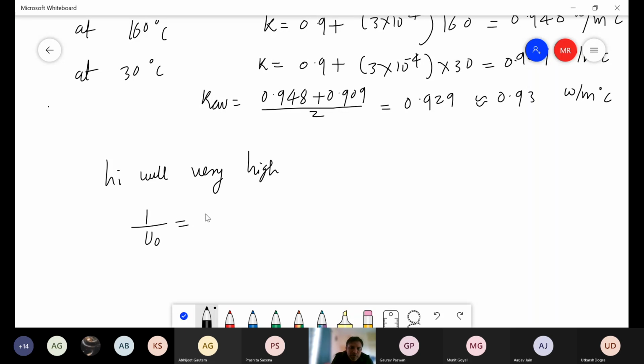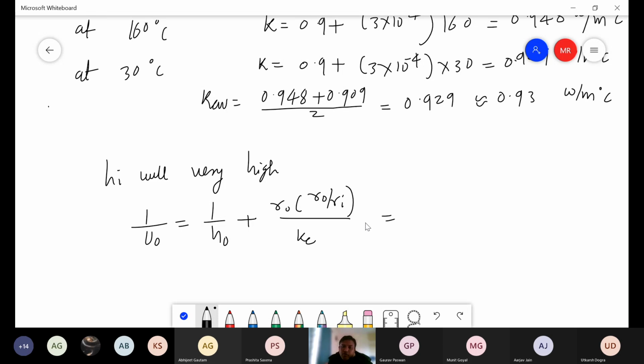1 by U naught will be 1 by H naught plus the conduction term. This is the expression for the overall heat transfer coefficient. You also get one more factor here.